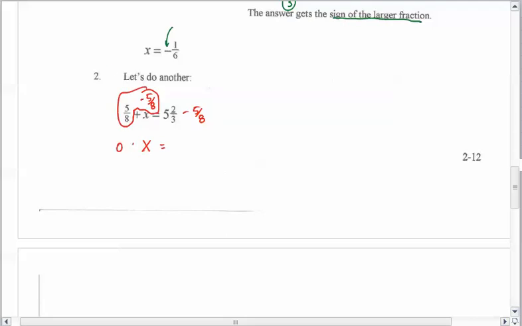So that's the same as 0 plus x, which is just x. Here we go. The right side is just 5 2/3 minus 5/8. Well, obviously, the 5 2/3 is the larger, so I'm going to put it on top. Nope, maybe I should do this first. Plus negative, right? I see that the signs are opposite, so I'm going to subtract.